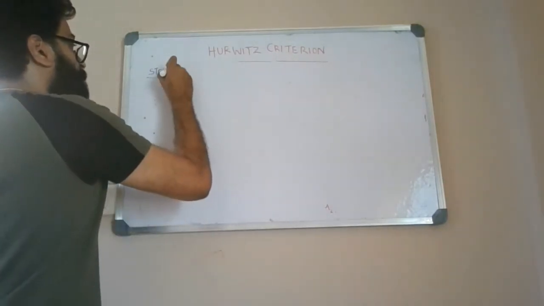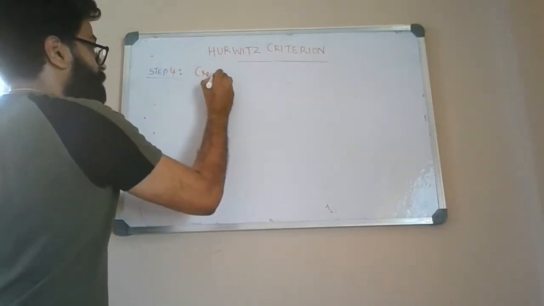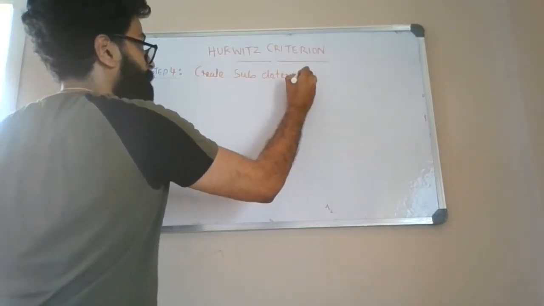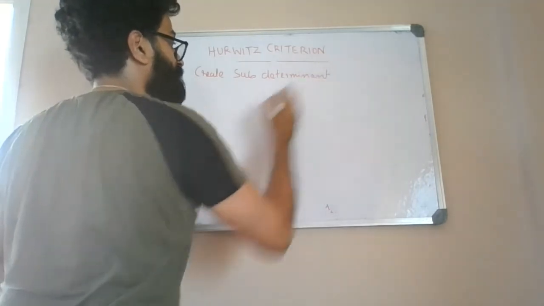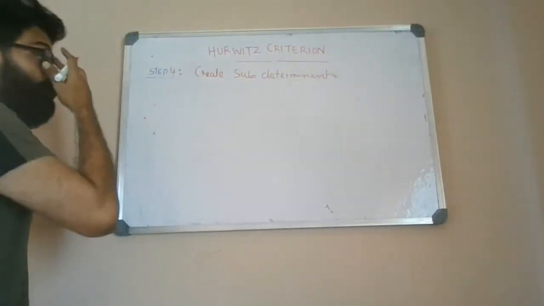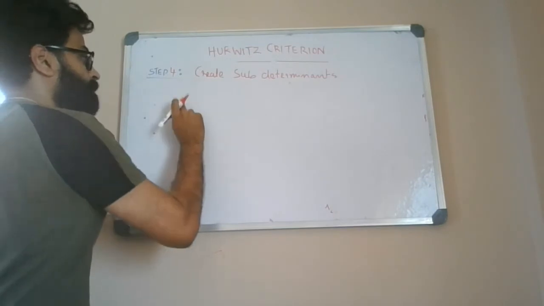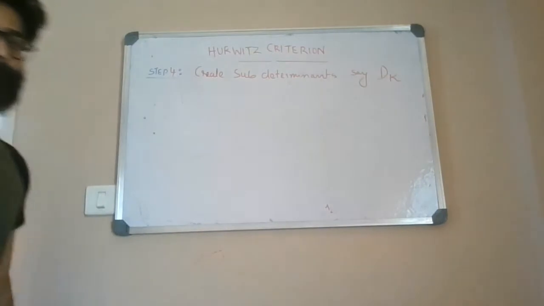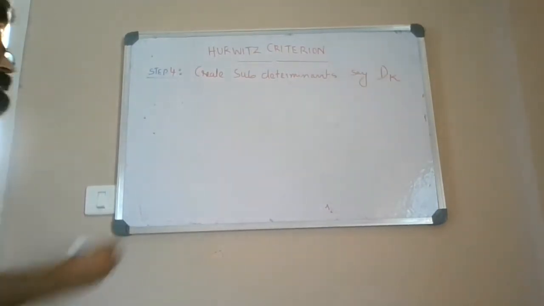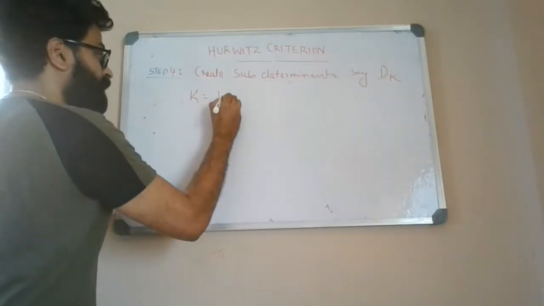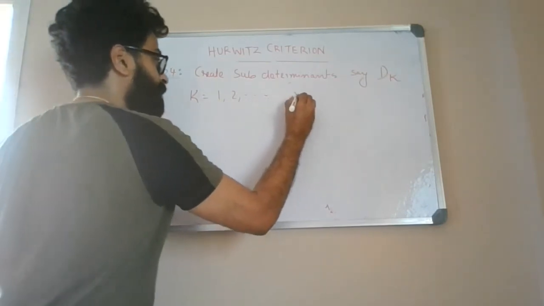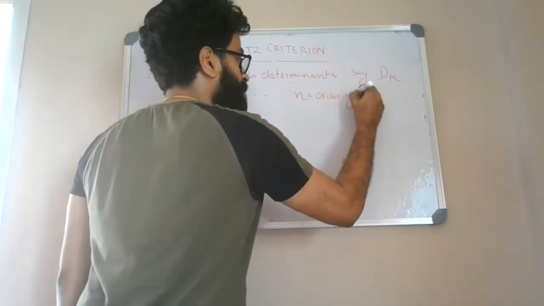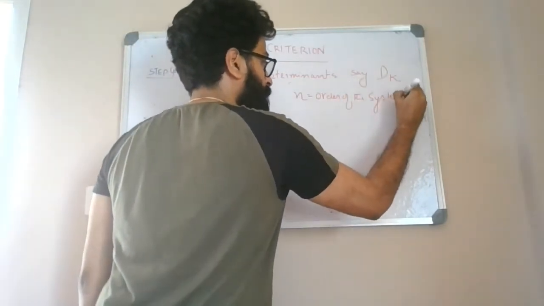In step 4, create subdeterminants, say Dk, where k is equal to 1, 2, up till n, where n is the order of the system.